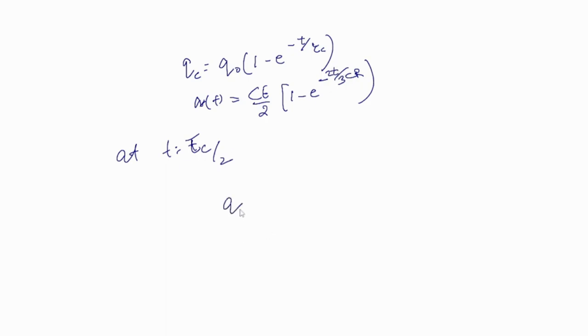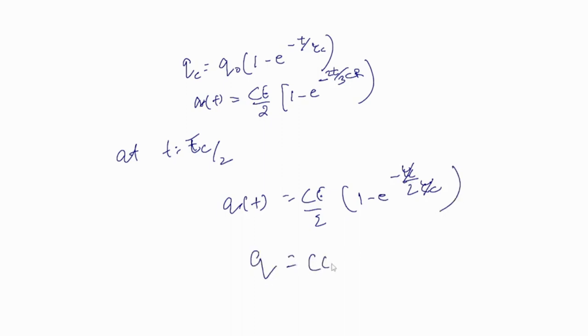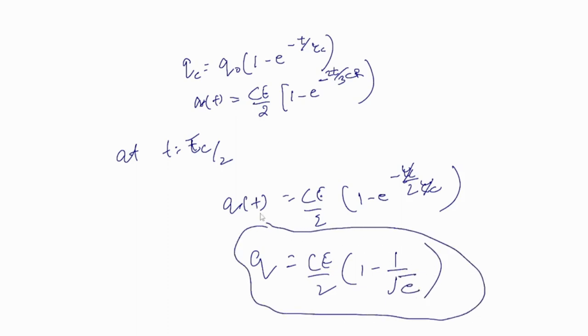You will get q as a function of t equal to CE by 2 times 1 minus e to the power minus t, which is tau C by 2, divided by tau C. This 2 will cancel out. You will get q equal to CE by 2 times 1 minus e to the power minus 1 by 2, which is 1 by root e. This will be your charge at t equal to tau C by 2.